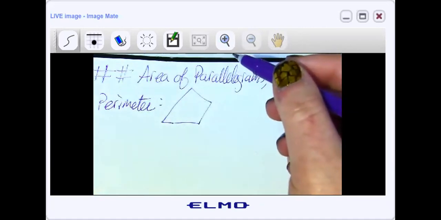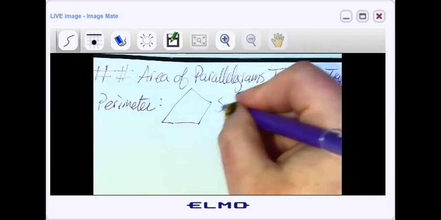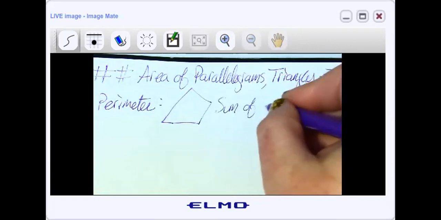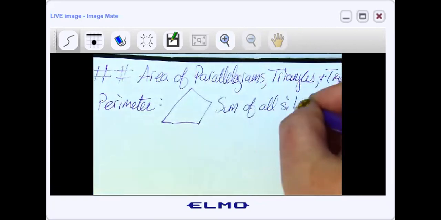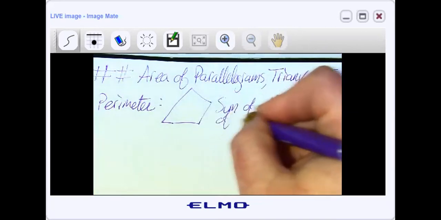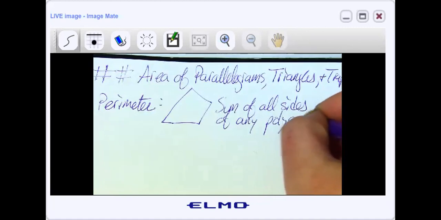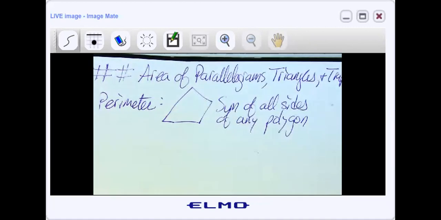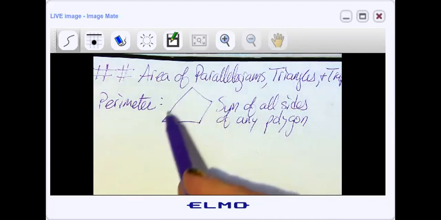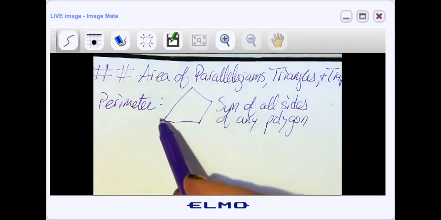So you're just going to add up all the sides. It is the sum of all sides of any polygon. That's literally all you do. I take the length of all the sides and add them together. If I walked along the outer edge, perimeter would be how far I walked.